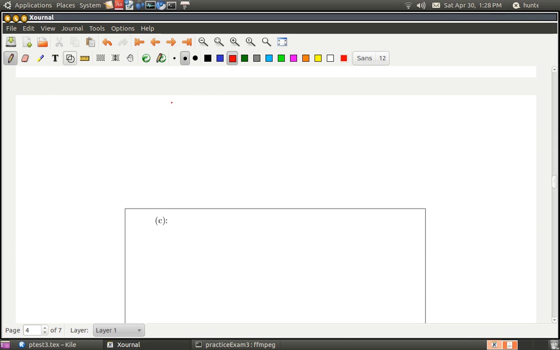We know that concavity has to do with the second derivative, right? So the rule is that f is concave up on AB if the second derivative is positive on AB.